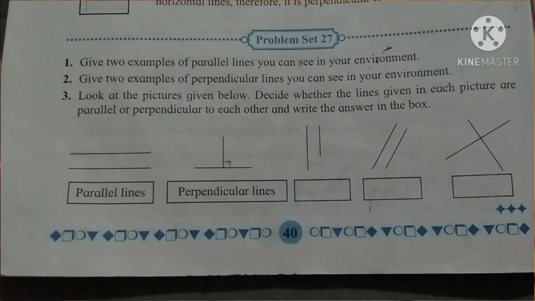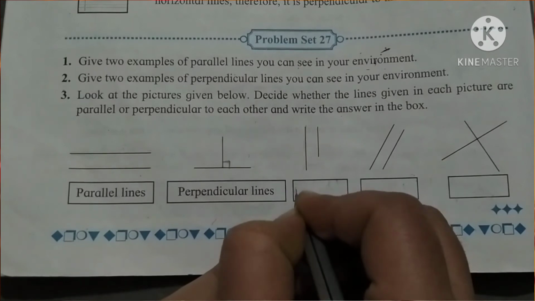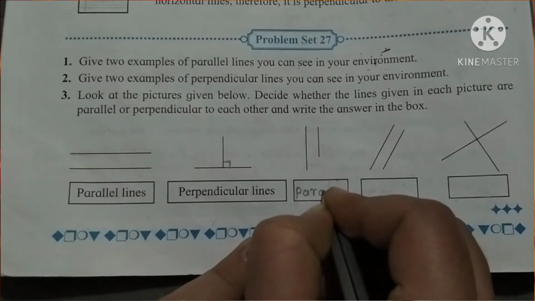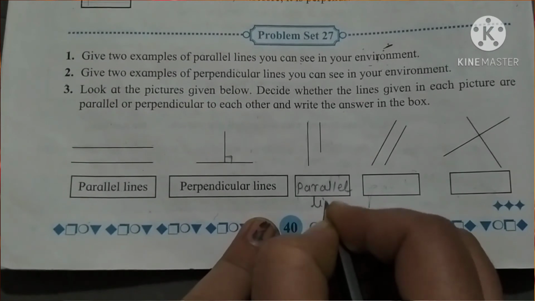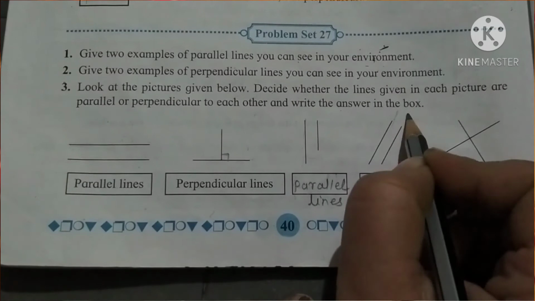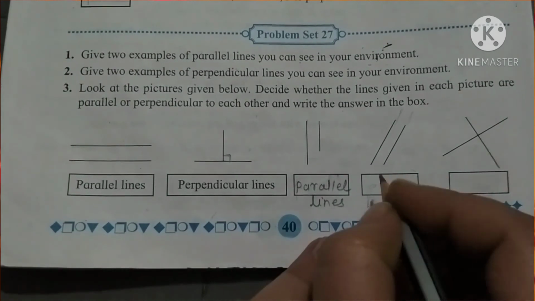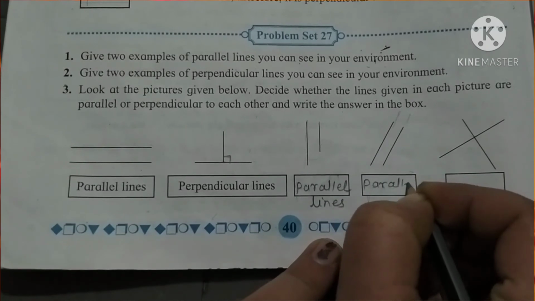Do they touch each other? No. So which type is it? Parallel lines. Okay. Next one, here if we extend it, do they touch each other? No. So these are also parallel lines.